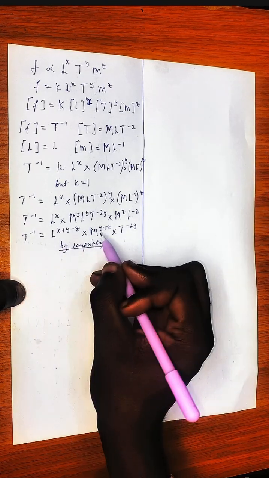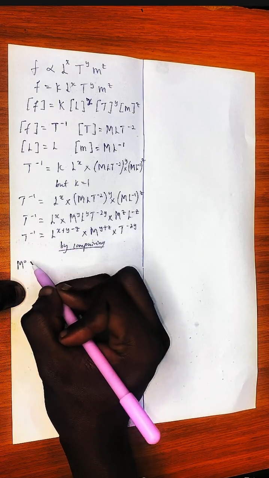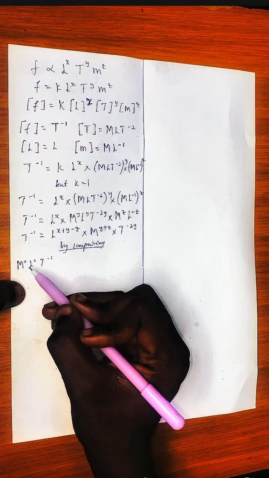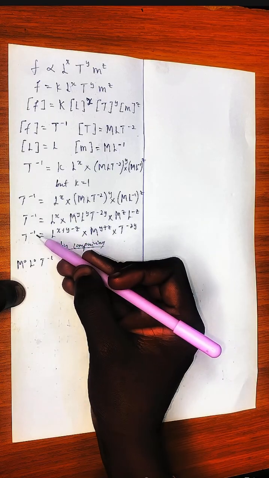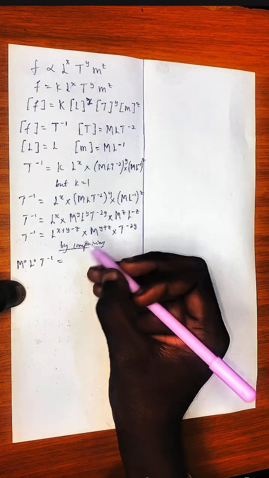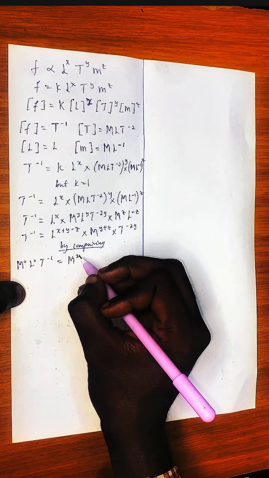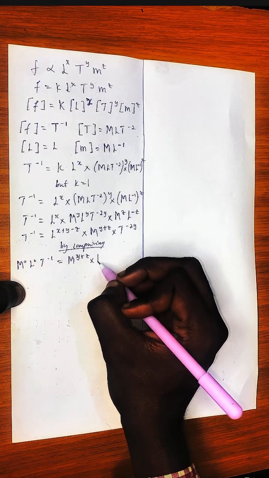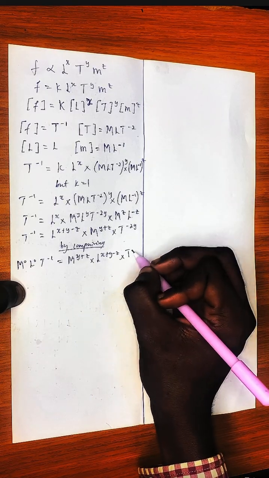we have, so I want to bring M and L on this side. It's going to be M to the power 0, L to the power 0, T to the power -1. So this is 1 times T to the power -1, the same as T to the power -1. So we could arrange this as M to the power y plus z, and then L to the power x plus y minus z, and T to the power -2y.